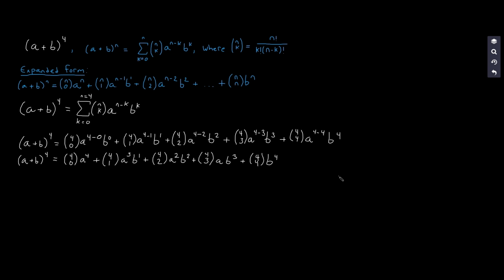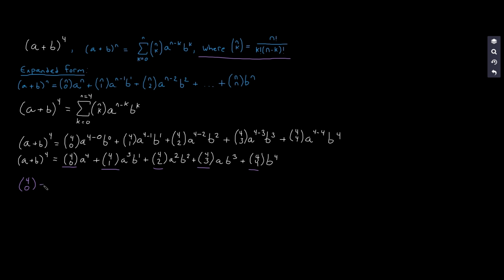So now what we have to do is find the binomial coefficients, that is n choose k, each coefficient. So here's a binomial coefficient here, and here, and here, and here. And we'll start with 4 choose 0. If we look up here at our formula, n choose k equals n factorial over k factorial times n minus k quantity factorial.